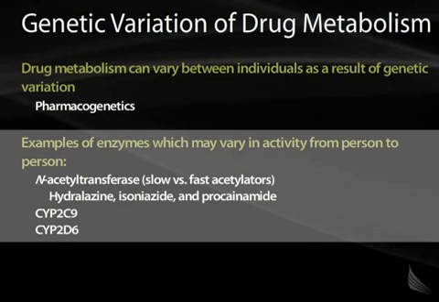And this gives rise to the concept of the slow versus the fast acetylators. Some patients are slow acetylators, and they're not able to break down medications using this enzyme. Other patients are fast acetylators, and they very quickly break down medications through this enzyme. So the activity of the enzyme may change from person to person based on mutations in that enzyme.